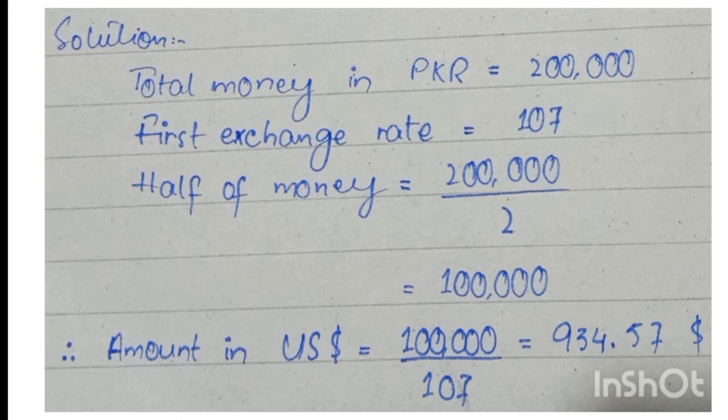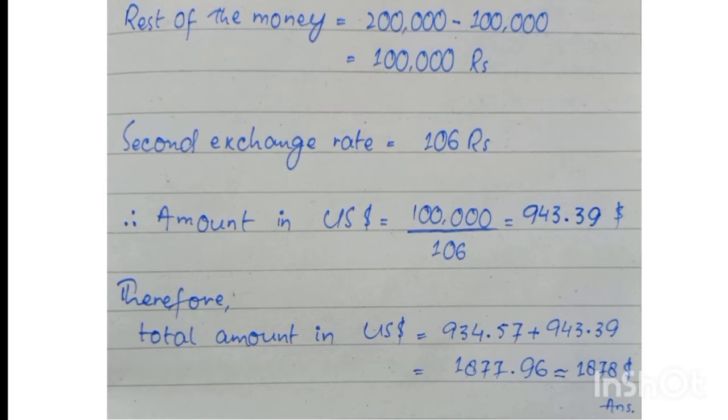Therefore amount in US dollars equals 100,000 divided by 107, and we have got $934.57. Then the rest of the money is 2 lakhs minus 1 lakh, which is 1 lakh. The second exchange rate was 106 rupees, therefore amount in US dollars equals 100,000 divided by 106, and we have got $943.39.